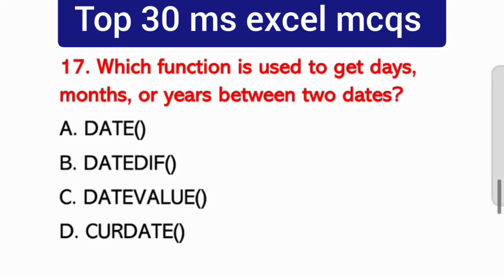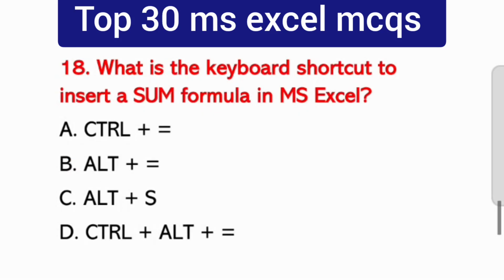Which function is used to get days, months or year between two dates? Options: date, dated if, date value, cure date. Correct answer: date if. What is the keyboard shortcut to insert a sum formula in MS Excel?